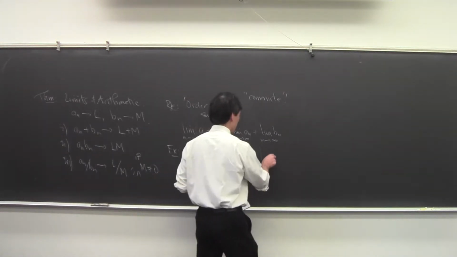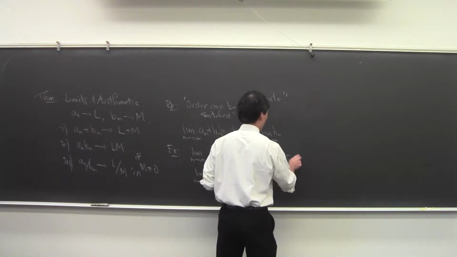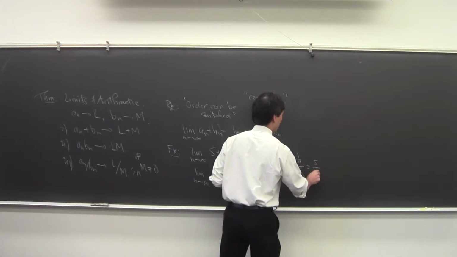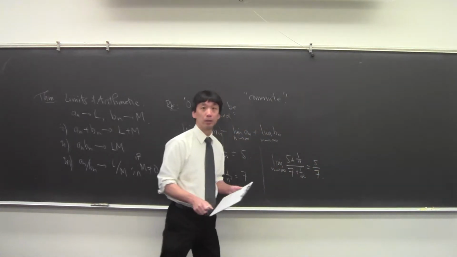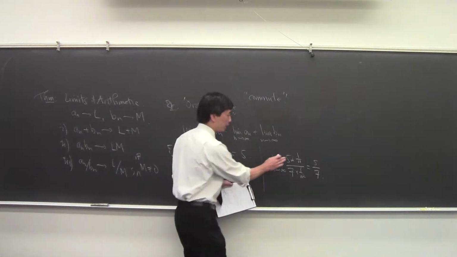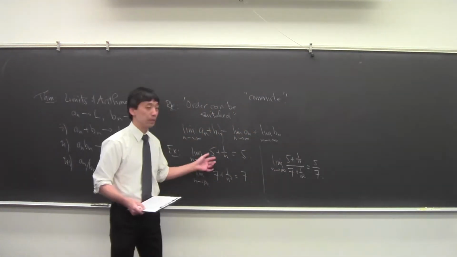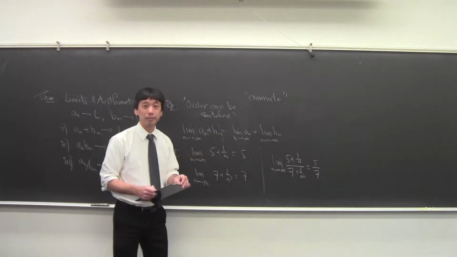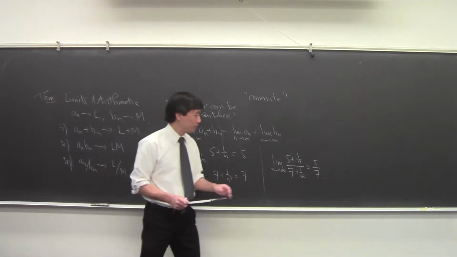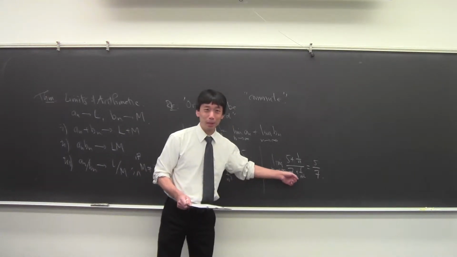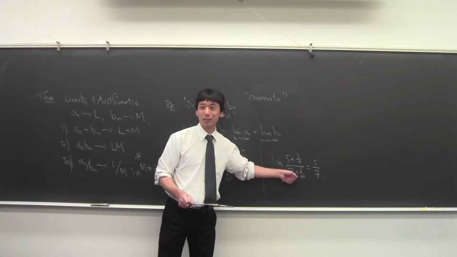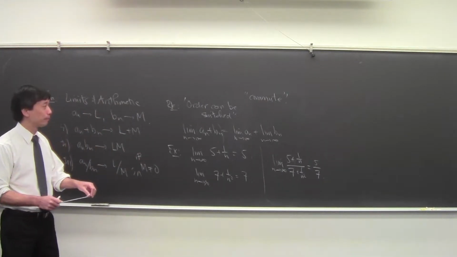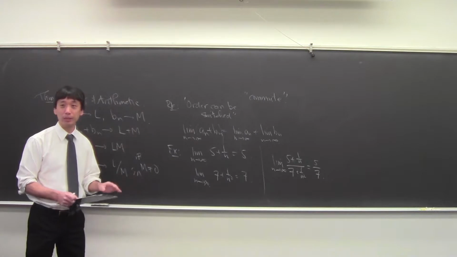But what this theorem says is that you can take 5 plus 1 over n divided by 7 plus 1 over n squared, and that's just going to be 5 over 7, as n goes to infinity. If you take the quotient of those sequences, then the limit is going to be the quotient of the limits. Okay, and I challenge you to do this using the epsilon-N argument. It's not going to be that simple. But this theorem says that you can do this. So this is a really useful theorem.